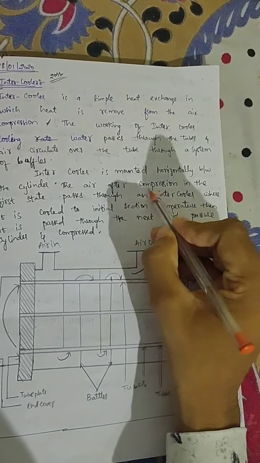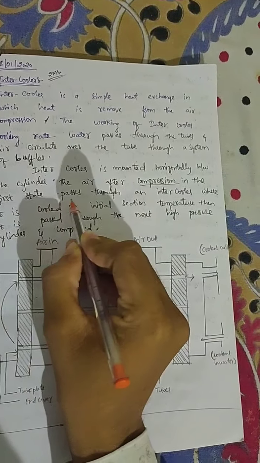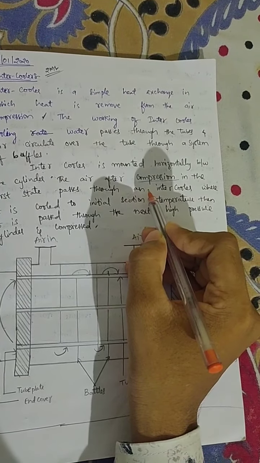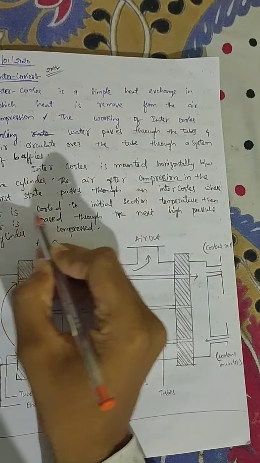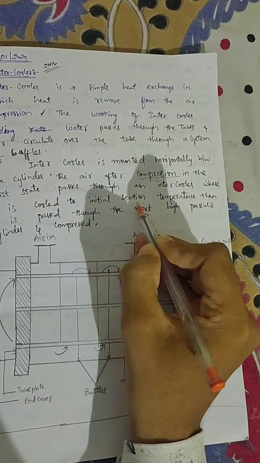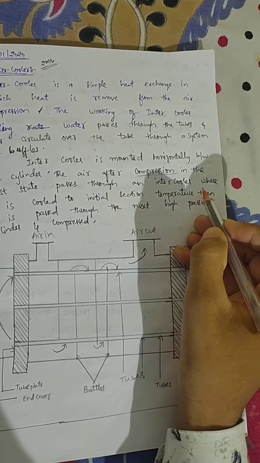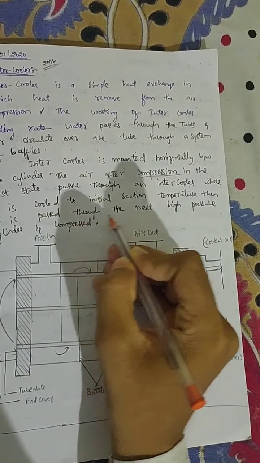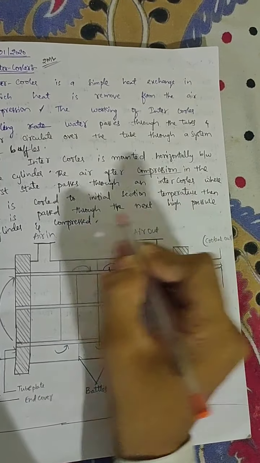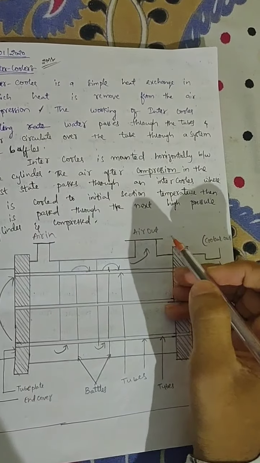The air is compressed in the first stage, passes through the intercooler where it is cooled to the initial suction temperature, and then it passes to the next high pressure cylinder for compression.